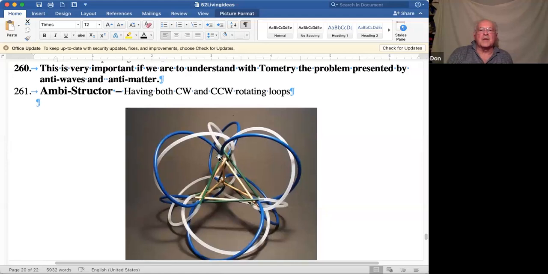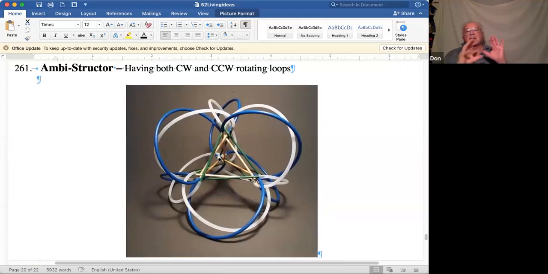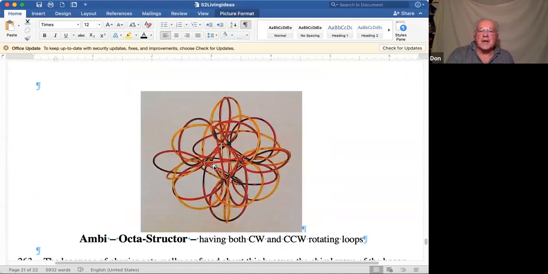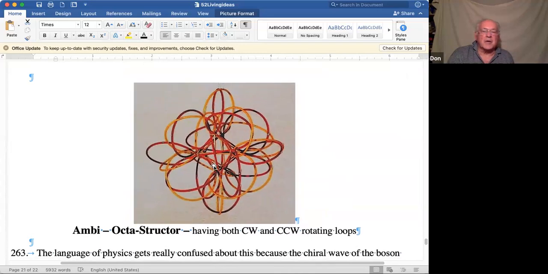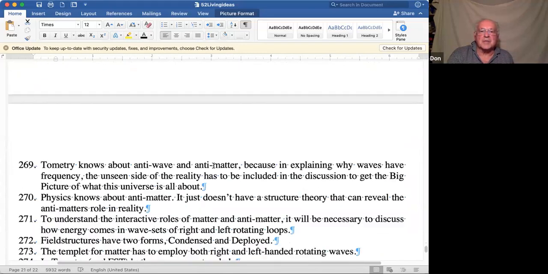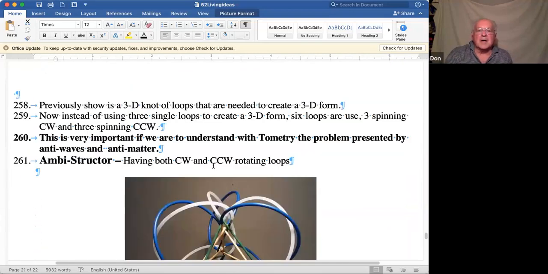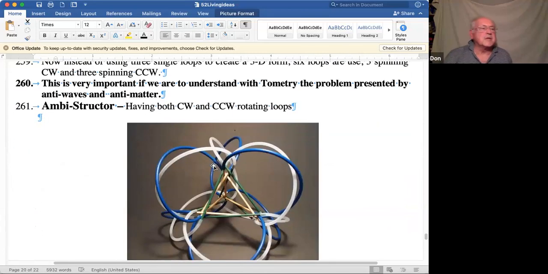Though I can build this form, in nature, if it was built like this, it would immediately morph into a different figuration.